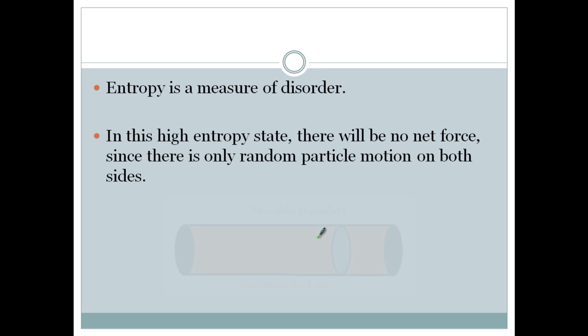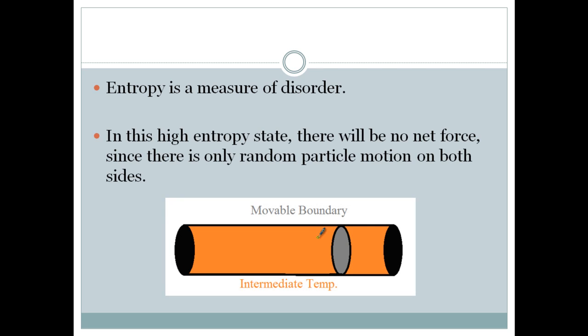But in this high entropy state, there'll be no net force, since there's no random particle motion. Nothing's moving around. Nothing wants to spread out. So everything's equal. Pressure here is equal to pressure here. Temperature here is equal to temperature here. There's nothing flowing, so there's going to be no net force. And we say this has a state of high entropy.